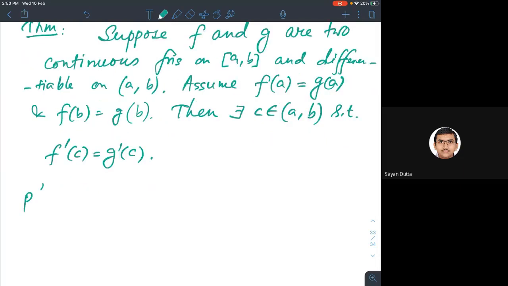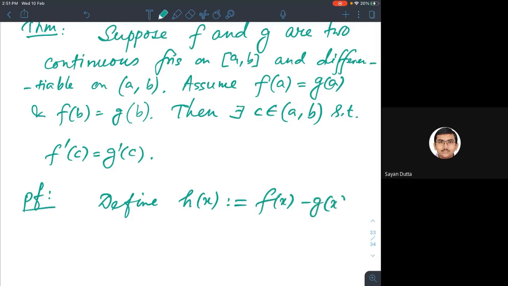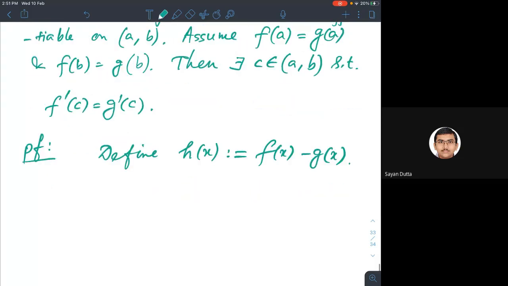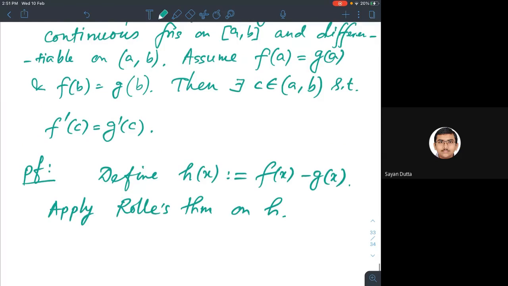So proof: define h(x) equal to f(x) minus g(x). Apply Rolle's theorem on h. This is the proof. You write the details.